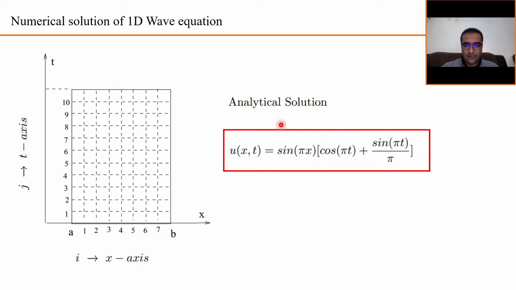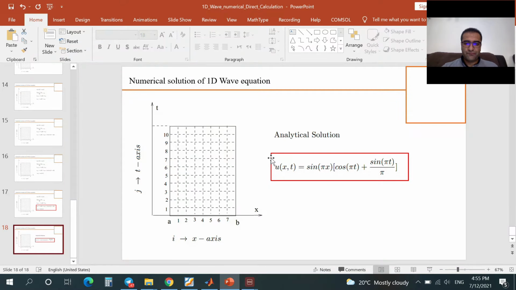So this analytical solution satisfies our partial differential equation with the aforementioned initial and boundary conditions. I think this is enough for the theory, and I want to start writing out the code.